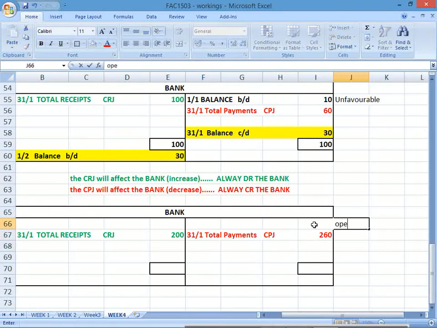Okay, opening balance favorable 40. Okay, can you balance the account? Okay, you do the rest.